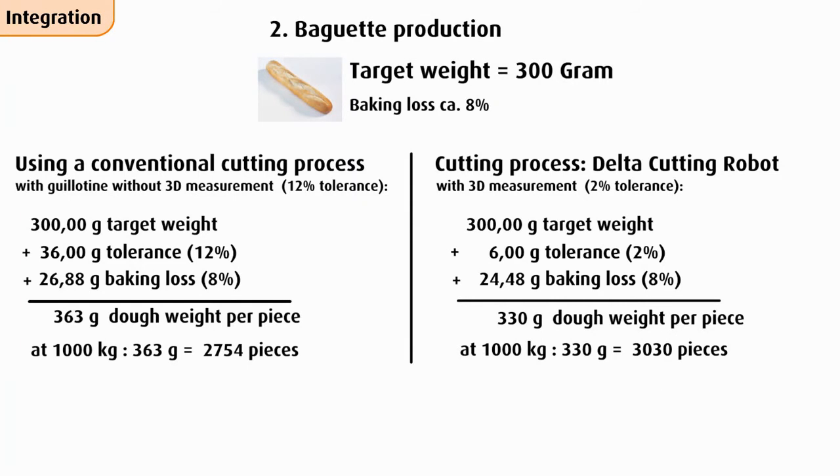The difference is 276 baguettes, which means that with 3D measurement, 276 more baguettes can be made from the same original amount of dough.